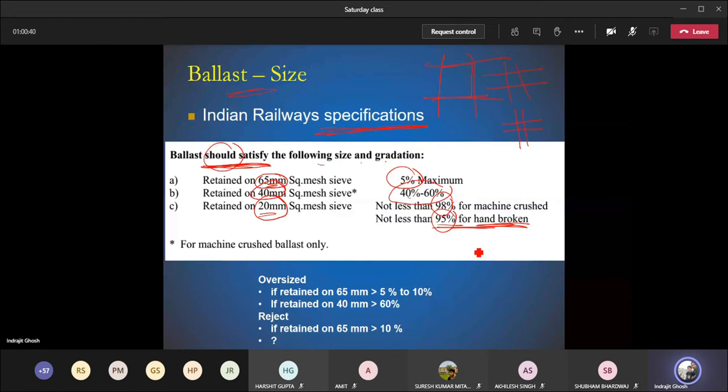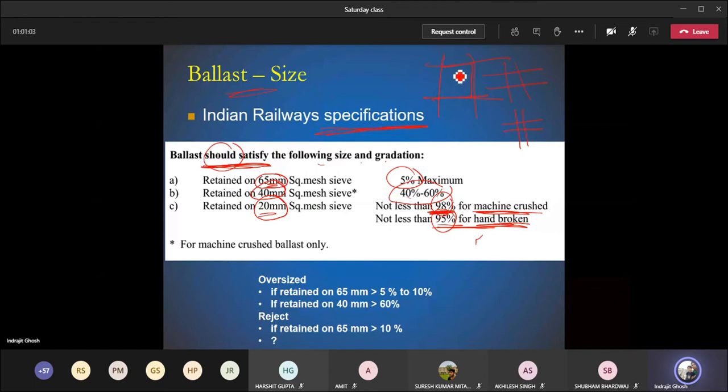So we have stones, and there are laborers who are breaking the stone with the help of a hammer, but it will take a longer period of time. Sometimes they may not be in the proper shape. So nowadays we have started using machines. In case of machine crushed, it should not be less than 98%.